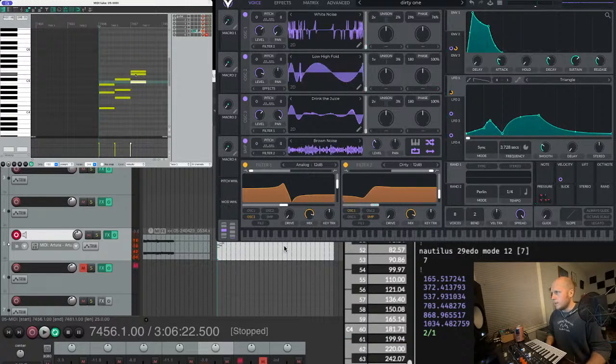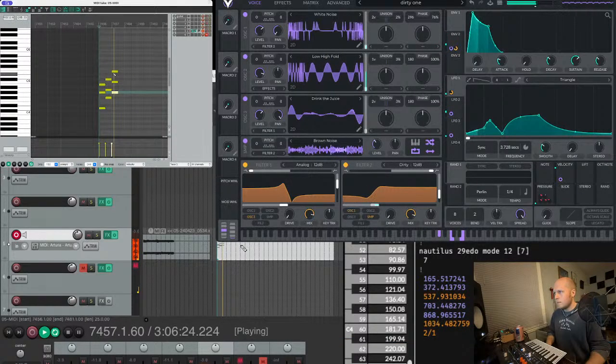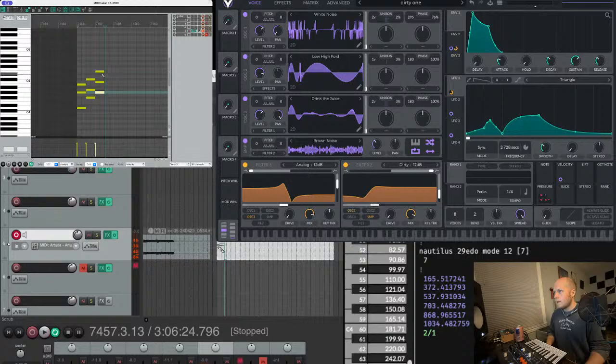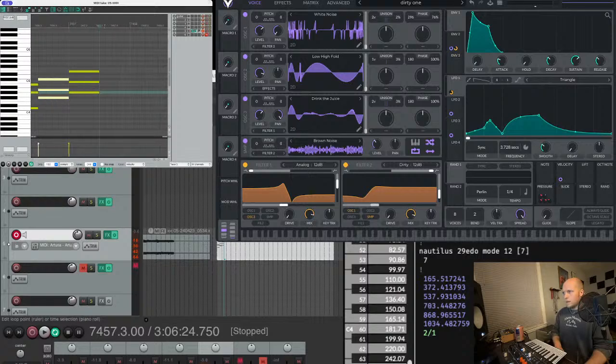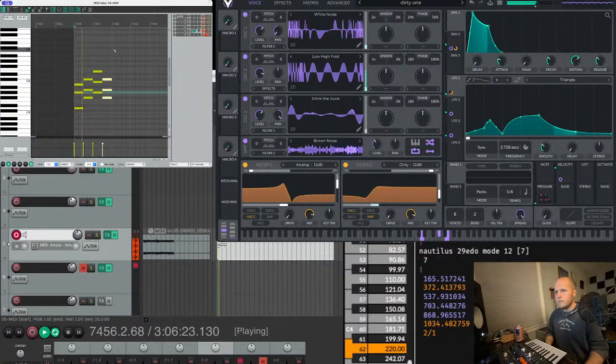Almost reminds me of bagpipes or something. I don't know if there's a way to adjust the pressure in MIDI roll, probably, or in piano roll.